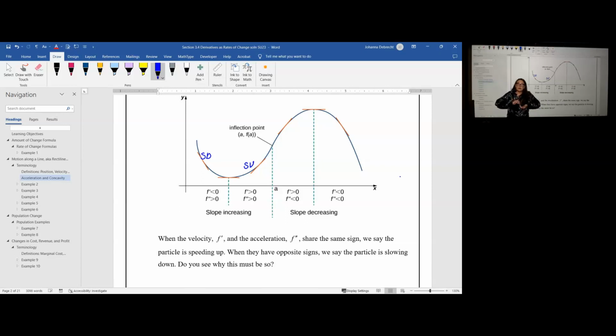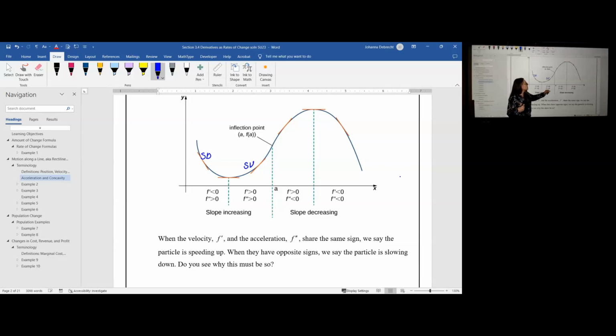That point where it changes concavity is where the derivative reaches its maximum or minimum, as we saw earlier when we drew the graph of the derivative from the function. It also means on a position time graph that the acceleration there is zero.